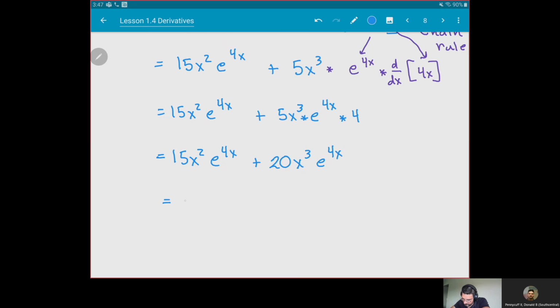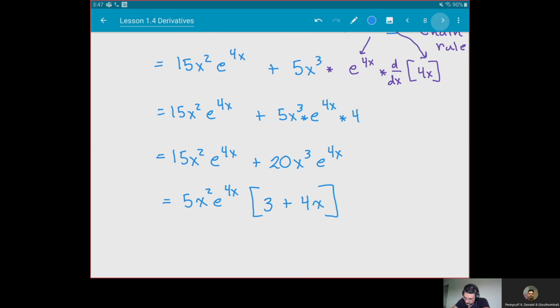So right here, I'm going to factor out a 5, an x squared, and an e to the 4x. So if I factor out what they have in common, then what's left behind is a 3 plus 4x. And that's going to be a whole lot easier to solve than what we had up above. Okay, so you do want to keep that in mind.